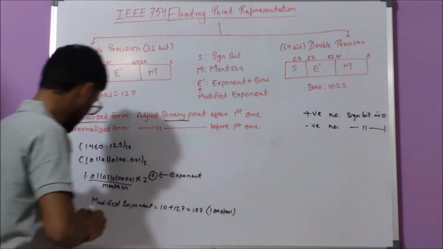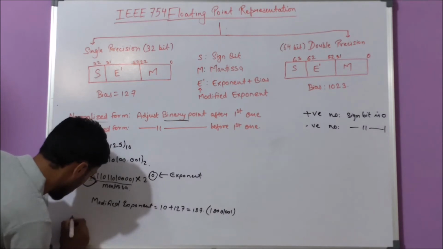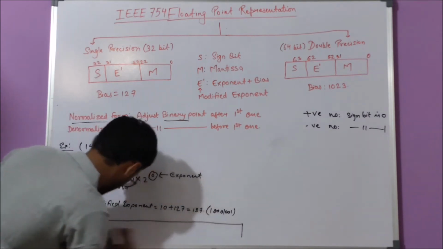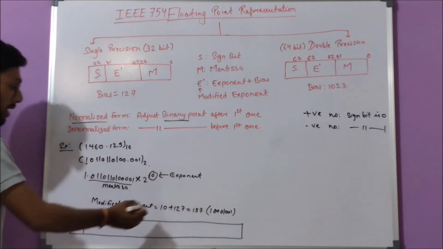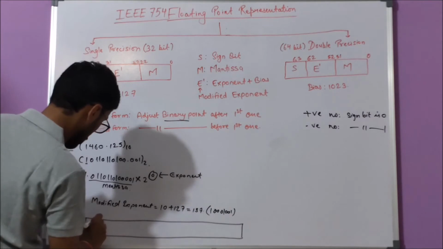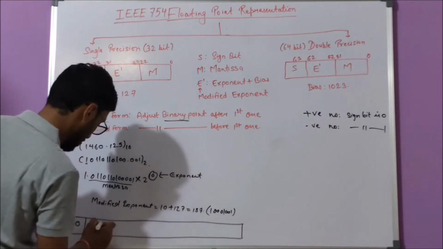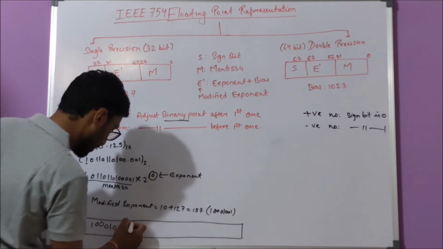I am writing it here. The number is a positive number, so sign bit is 0. We have calculated modified exponent, which is this. So putting it here, 10001001.